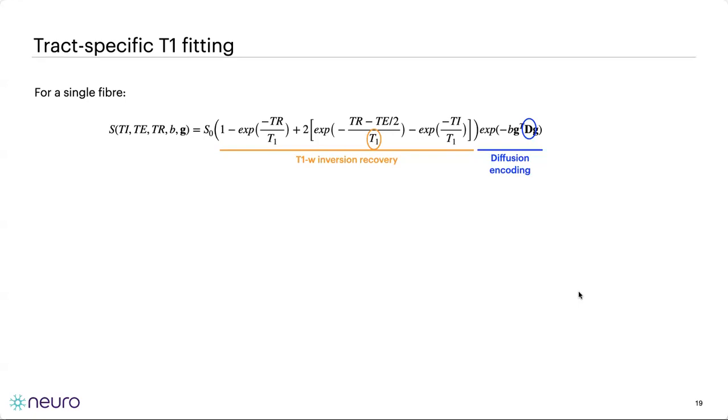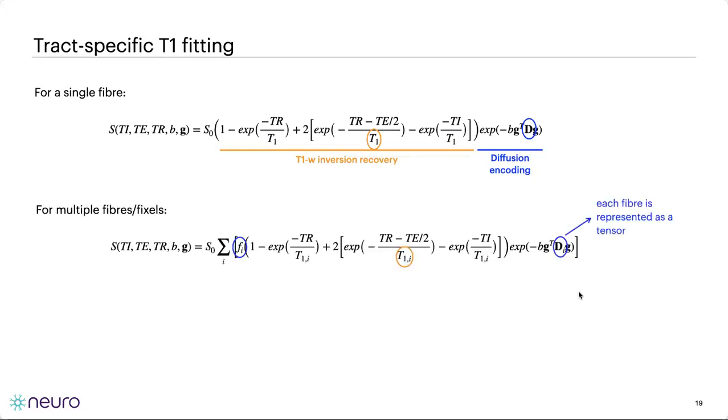So it's a function of your T1, your repetition time, okay? And of course, your inversion time, which you're varying, okay? So this will allow you to get a measure of T1. And then, of course, you multiply that by the exponential that describes your diffusion encoding, okay? This is for a single fiber.